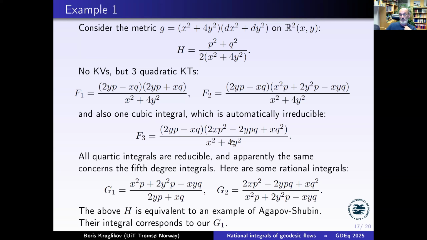And this tells us that probably we will have some relative Killing tensors, and of course we do. So if one thinks about higher degree integrals, then there's no quartic. Oh, okay, there are, but they're all reducible. They're, for example, products of those 3 quadratic ones, precise products of those 3 things. So there are 6 quartic integrals.